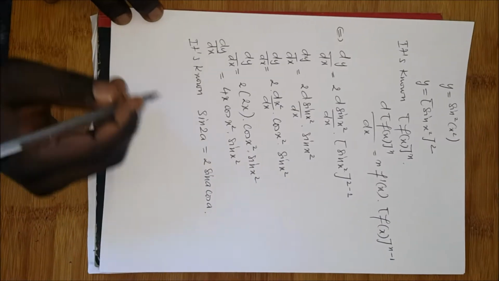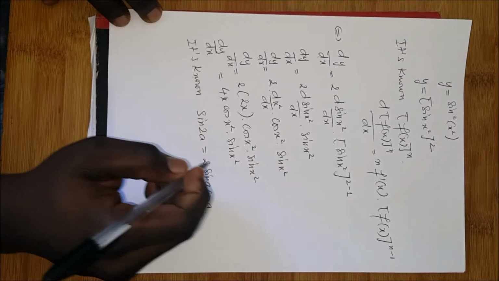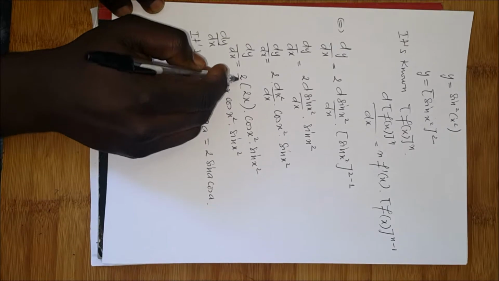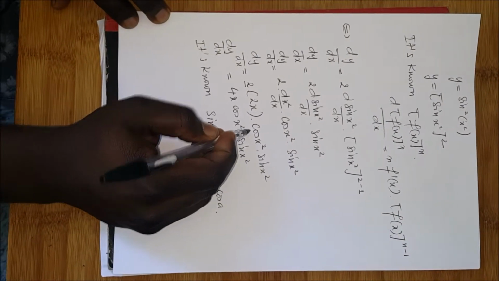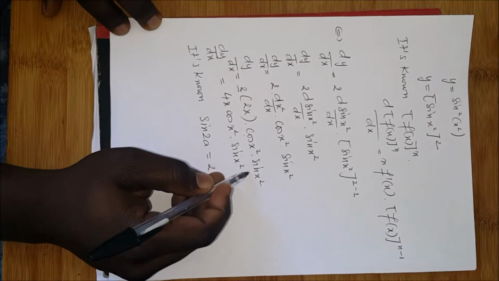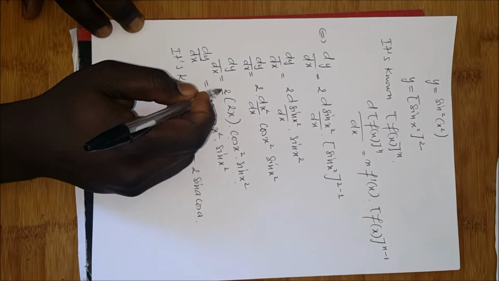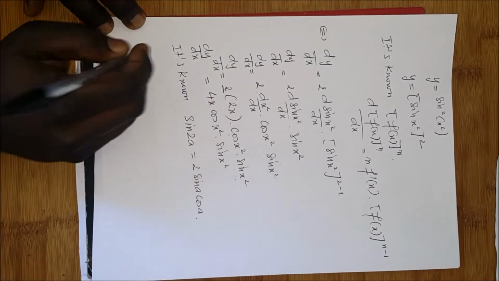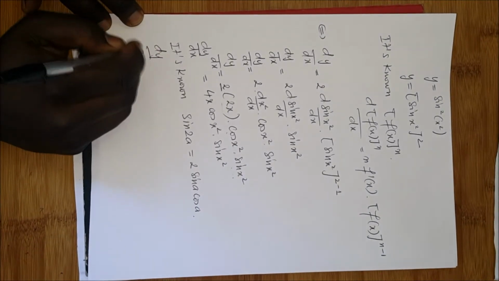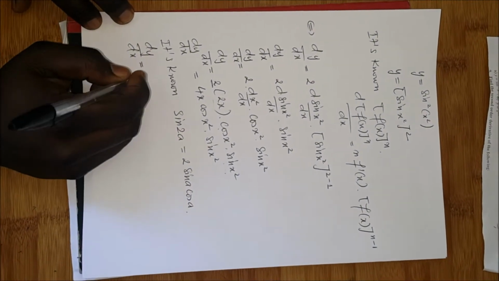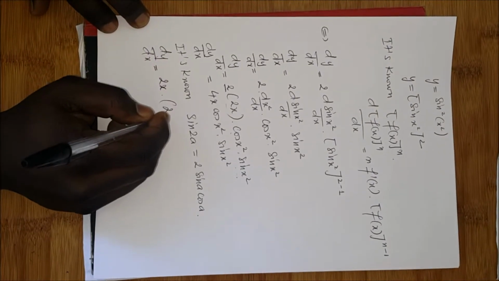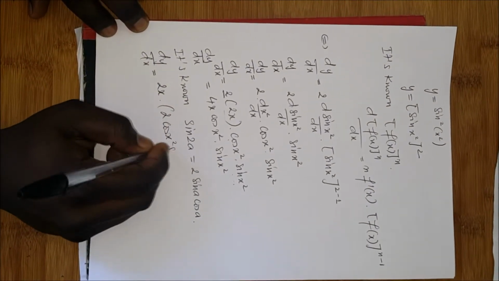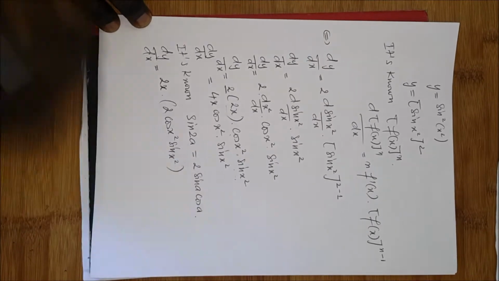What I'm trying to prove is that you see 2 multiplied by cos x squared with sin x squared, here you can see it's going to be like that: 2x times 2 cos x squared sin x squared, right?